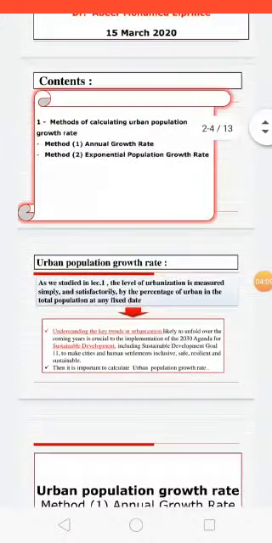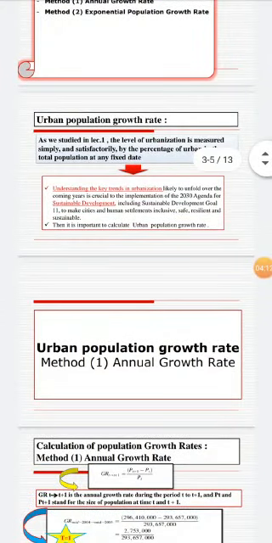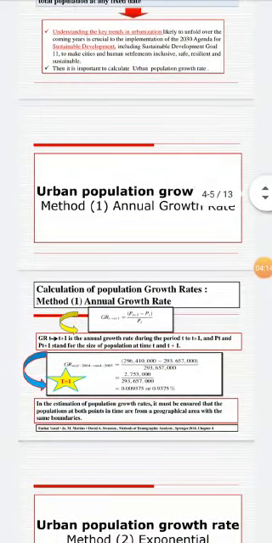Method 1, which is the annual growth rate, the rule is in slide 4. Growth rate equals change divided by the initial population.